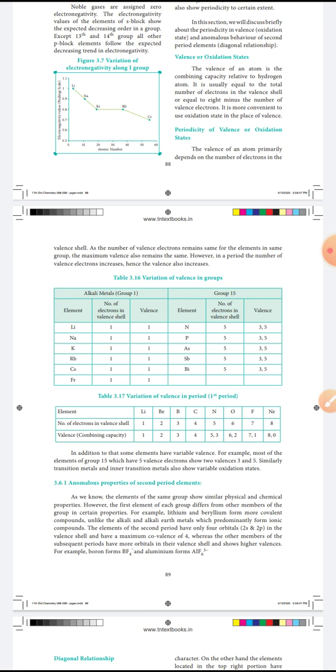Whereas other members of subsequent periods have more orbitals in the valence shell and show higher valency. Example, boron forms BF4 minus. Aluminum forms AlF6 3 minus.